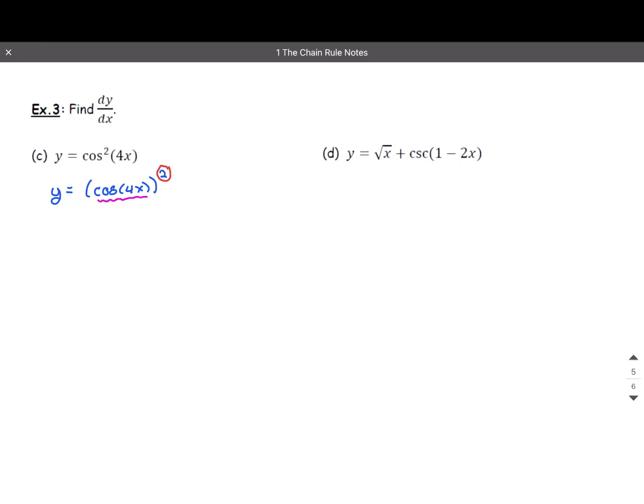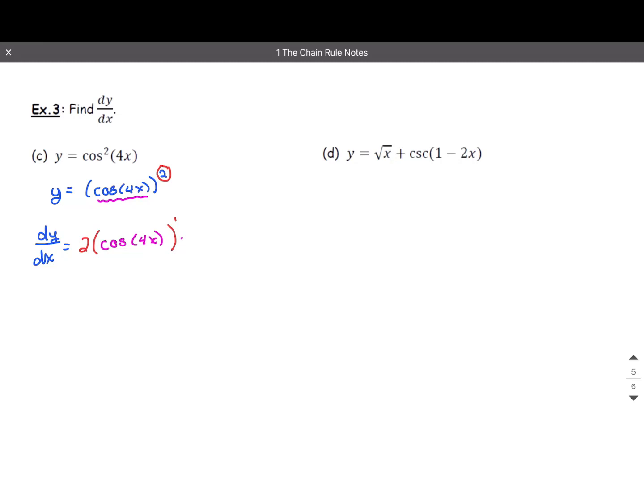So, okay, dy dx, because the derivative of y is dy dx, take the derivative of the outside, the squaring, we bring down 2, we're going to keep the inside and we're going to subtract 1. Now we're going to keep the inside. Now here's the catch. We're going to multiply by the derivative of the inside.